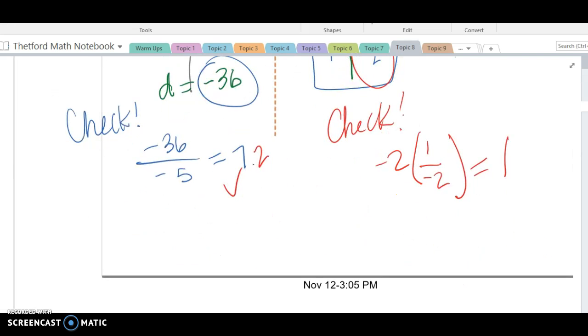So we know that every whole number can actually go over 1. We're going to multiply straight across. Negative 2 times 1 gives us negative 2. 1 times negative 2 gives us negative 2. Negative divided by a negative gives us a positive. And 2 divided by 2 gives us a 1. So that does, in fact, work.